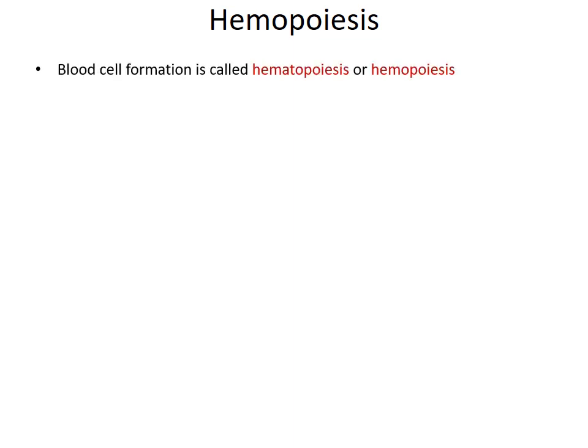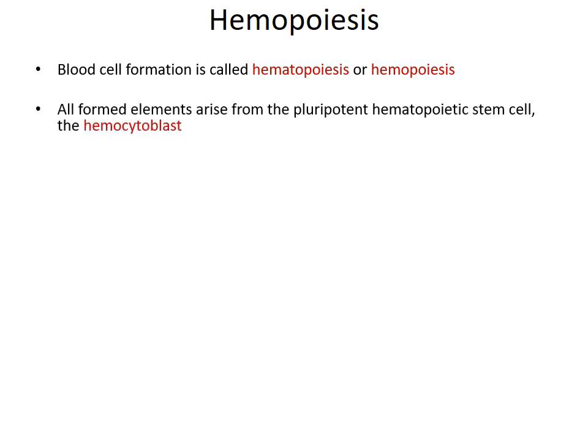Hemopoiesis or hematopoiesis is the process by which the blood cells are formed. All formed elements arise from the pluripotent hematopoietic stem cell, the hemocytoblast. The hemocytoblast, when it receives an appropriate stimulus, can transform into red blood cells.